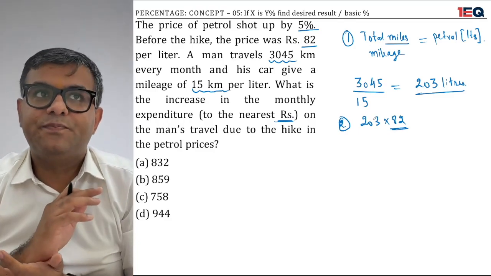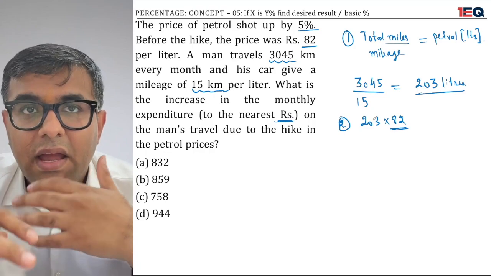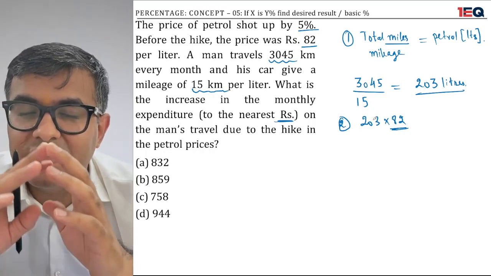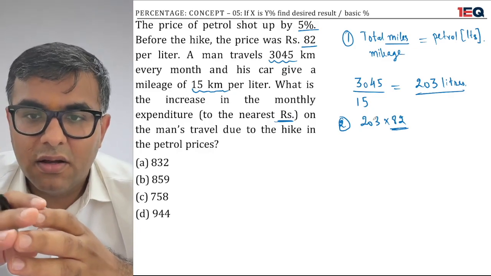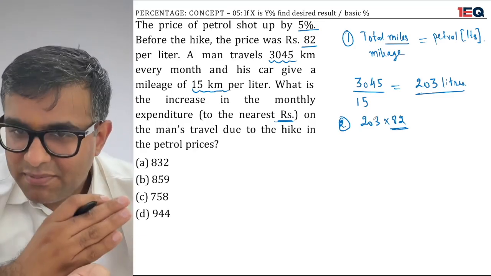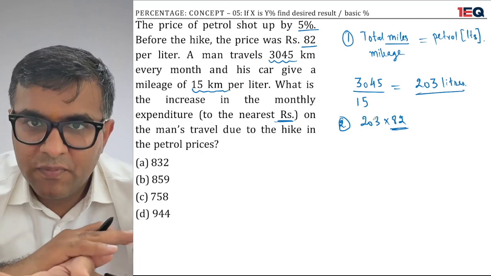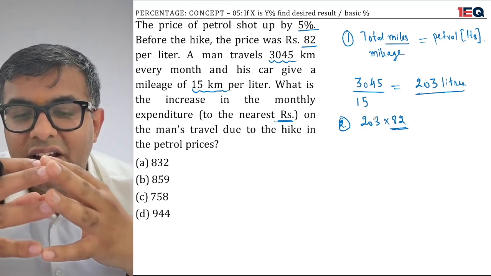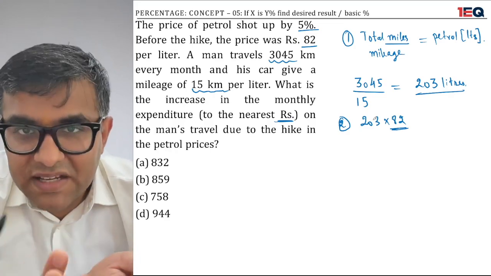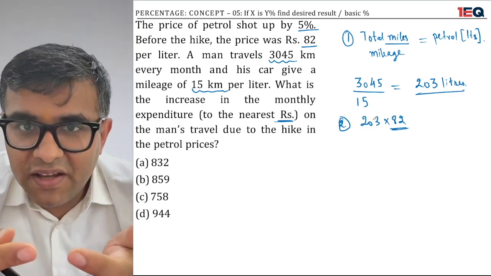Now tell me this: if the price of petrol has shot up by 5% and I'm using the same mileage, and I'm traveling the same distance, same mileage, same distance, and the 5% hike is in the petrol. So I can very easily assume that my monthly expenditure would also increase by 5%.